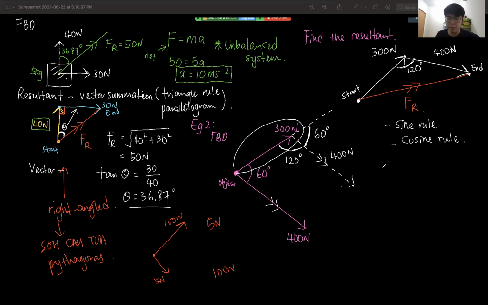Okay, now I want to know whether you have learned the sine rule or the cosine rule. Are you familiar with this? Did your teacher teach you, or you're not familiar? Is it new, or have you heard it before, have you used it before? Sine rule and cosine rule.